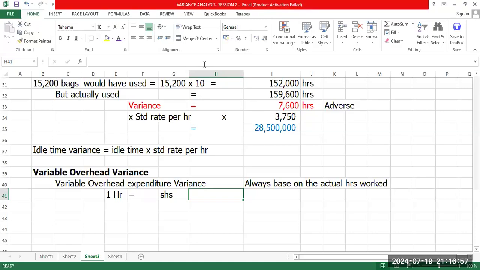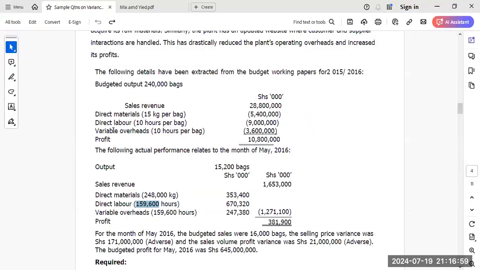According to our question, do we have that? What we have is the variable overheads, the overall amount. So do the same like the way we are doing others. Get this figure, divide by 240. The answer you get, divide by 10.